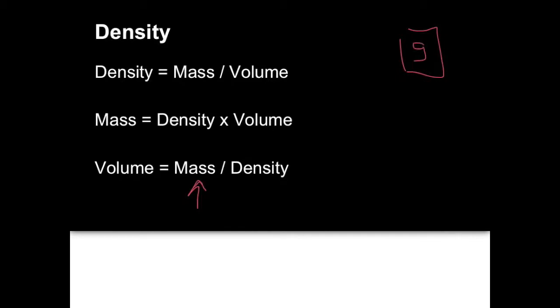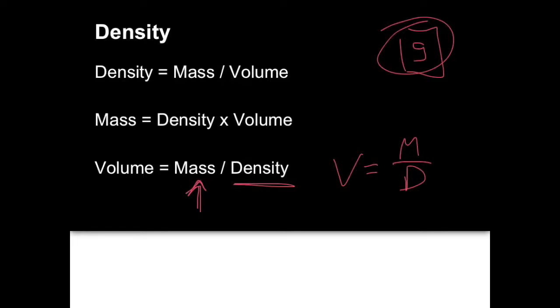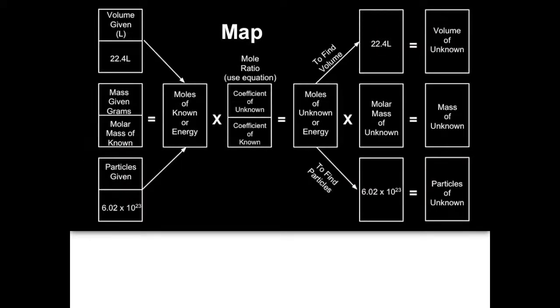You take the mass and you divide it by the density. Volume equals mass divided by density. The density will be given to you. So you're going to get the number of grams on the stoichiometry map. That's your mass. You're going to divide that by the density, which would be given to you, and that will give you the volume, which is what you get when you're asked to find the volume of a liquid or solid.